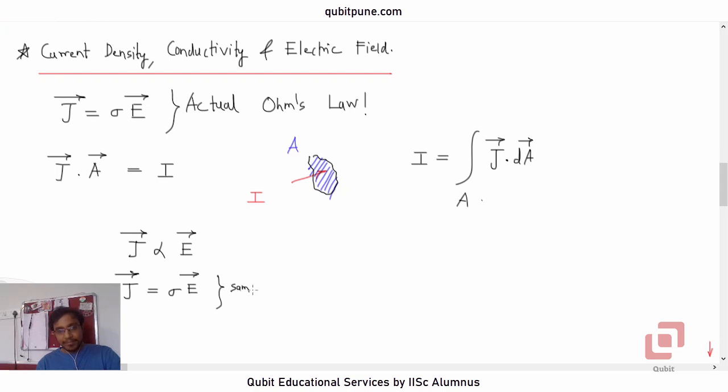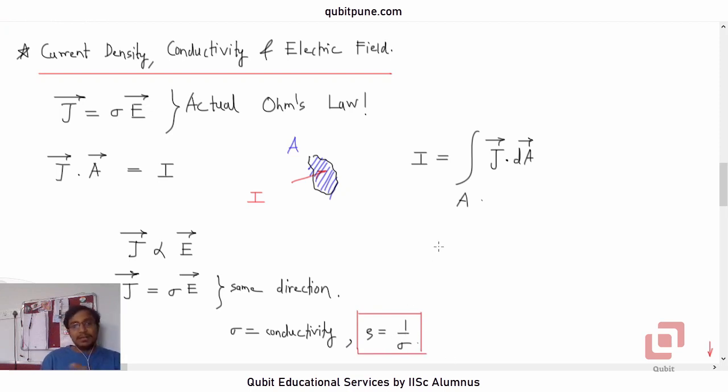Same direction, because sigma, that is conductivity, is a positive quantity. It cannot be negative. And the relationship between conductivity and resistivity is that rho is equal to 1 upon sigma. So they are inverses of each other.